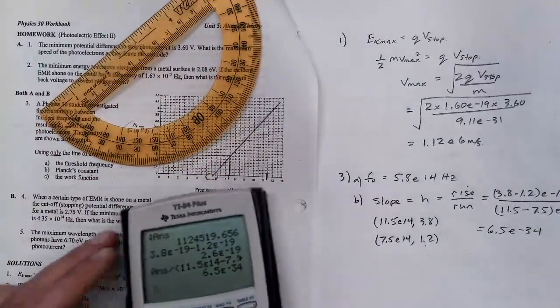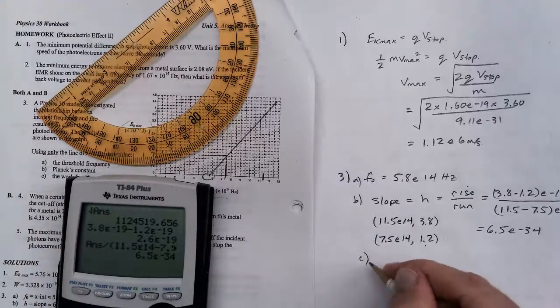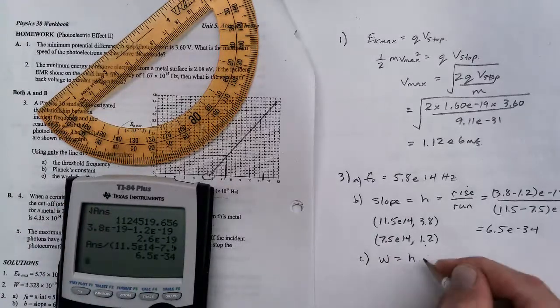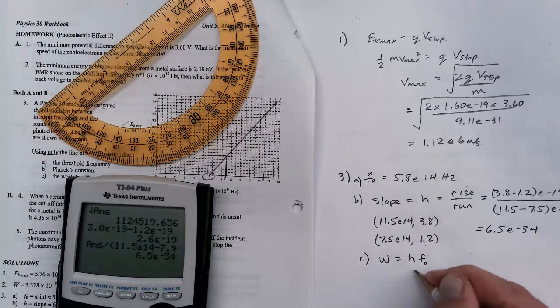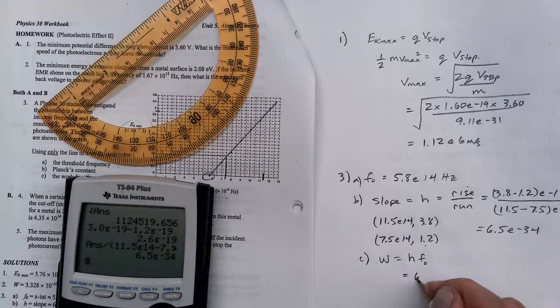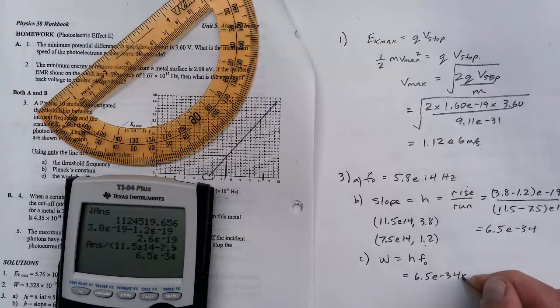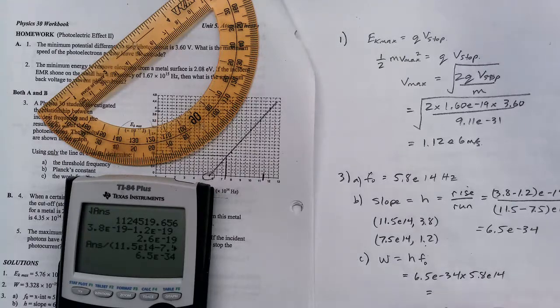And the last part here, it says the work function. Well, the work function is H times F sub naught, and so in this case we're going to use the calculated value, 6.5 E negative 34, times the threshold frequency, which we got about as 5.8 E14.